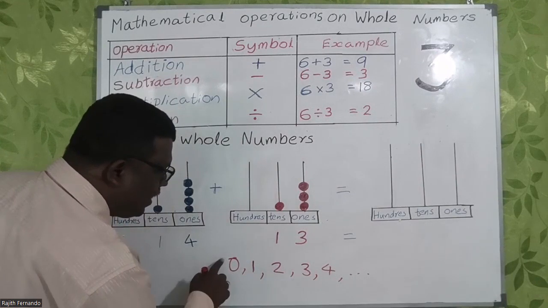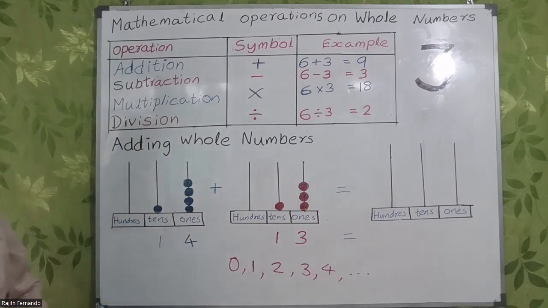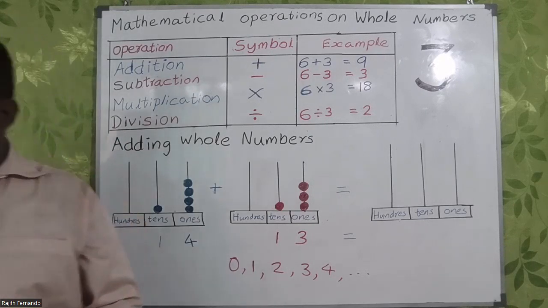Yes, we consider zero also as a counting number. Then we can say counting numbers or whole numbers are 0, 1, 2, 3, 4, 5, 6, and so on. Then we have to consider how to add these whole numbers.